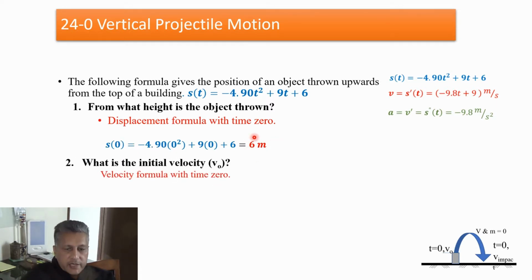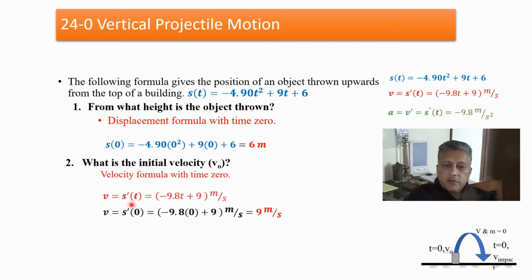Let's go to the second problem. What is the initial velocity? What is the velocity given at this point? Right there. So we know at this point time is 0. We know we're going after velocity. I'm going to use the velocity formula with time being 0.